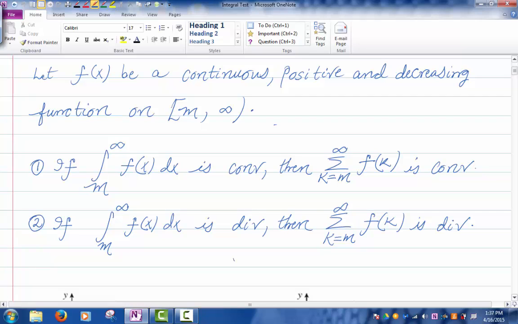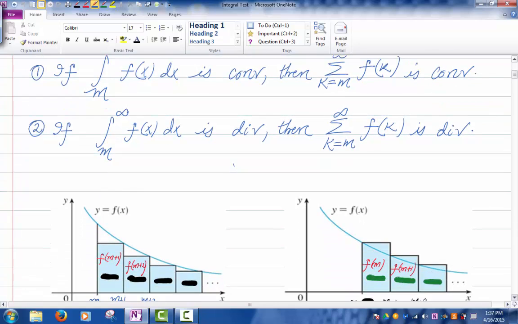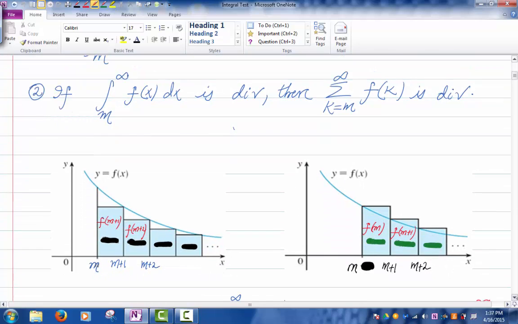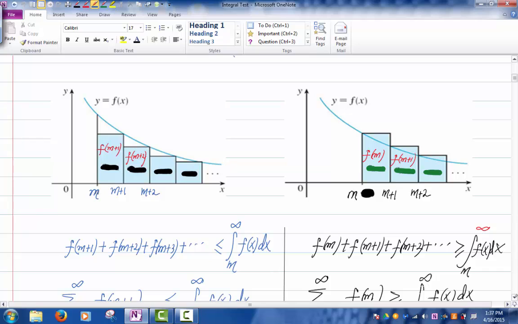Let me try to give you a justification of 1 and 2. It's not going to be a formal proof, but just a justification of why 1 and 2 should be true. So let's think about the graph of f. Remember, f is continuous, positive, decreasing, so the graph of f should look like what I have in my two figures.